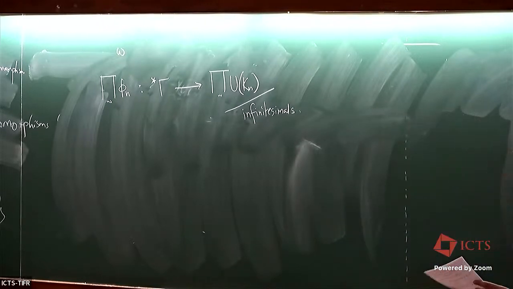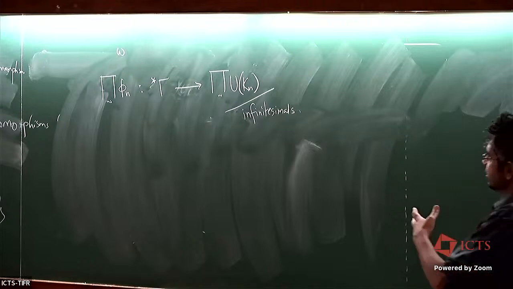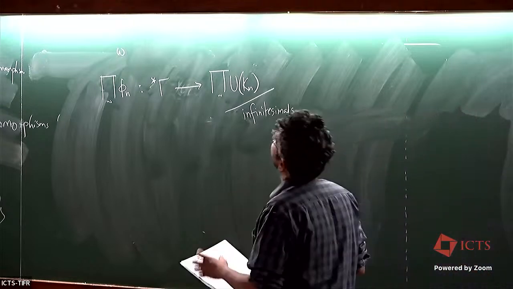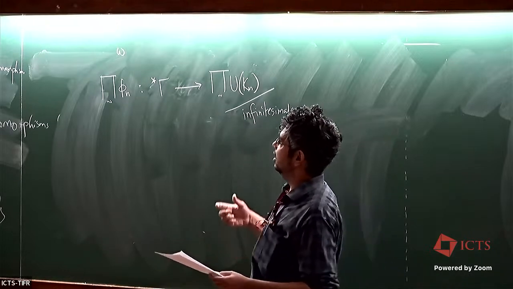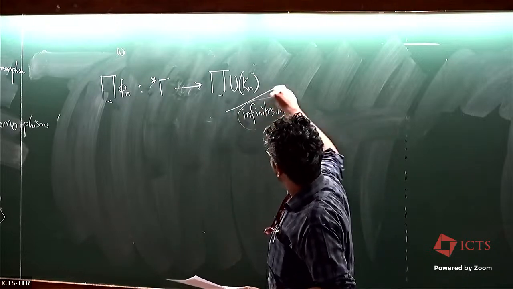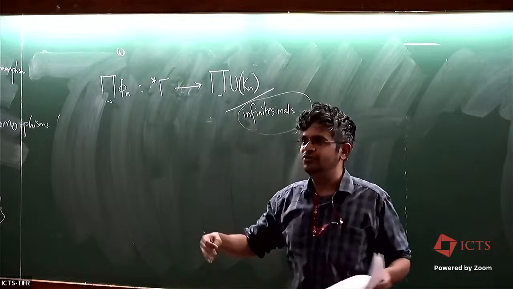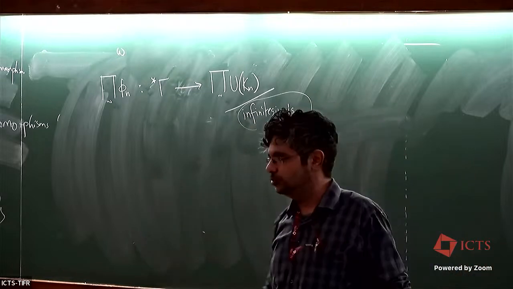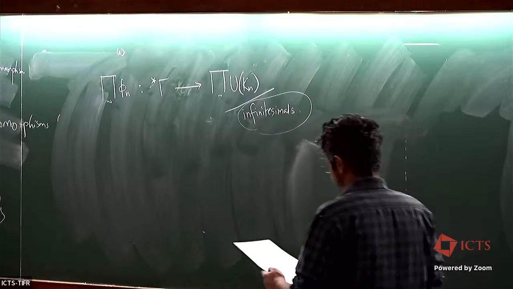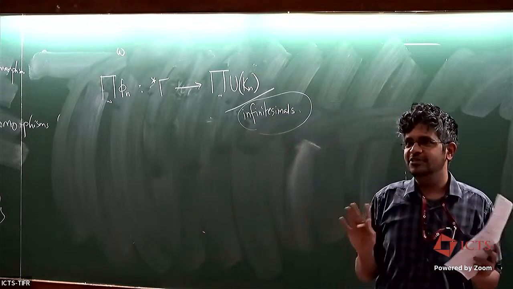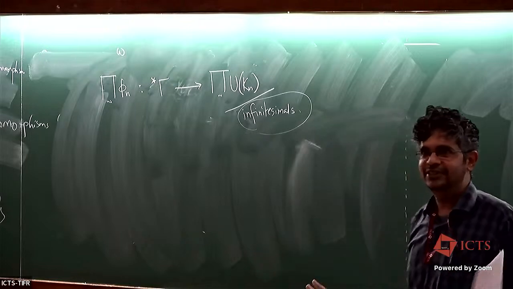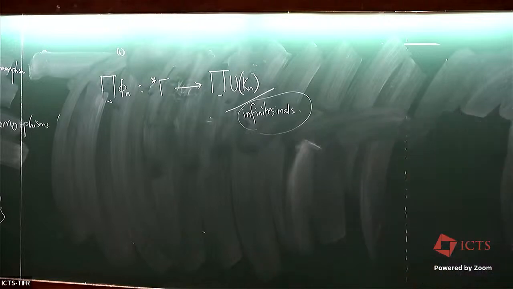What I'm saying is, if you deal in the language of ultra products, you can actually talk about infinitesimals being objects instead of just sequences that converge to 0. I'm assuming that people at least know the basic definitions of ultra products and filters, right?